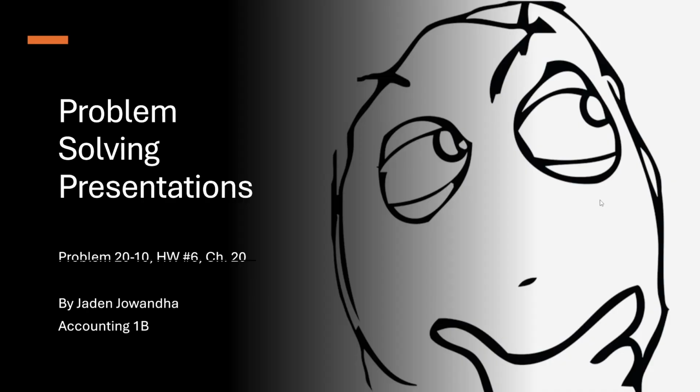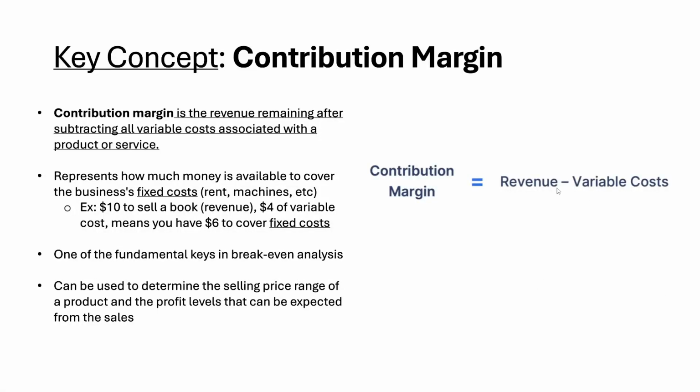This is from Cengage. So the first key concept before we hop into the question is going to be about contribution margin, which is the revenue remaining after subtracting all the variable costs associated with a product or service.